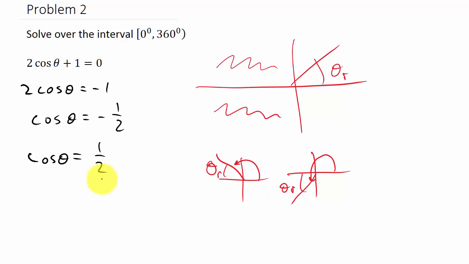So cosine theta equals 1/2. That means theta, and I'm going to put a subscript r to let me know that's not going to be a solution. My reference angle is not a solution here. It's just going to be my reference angle, because our original problem is cosine theta equals negative 1/2. And so my reference angle is 60 degrees.